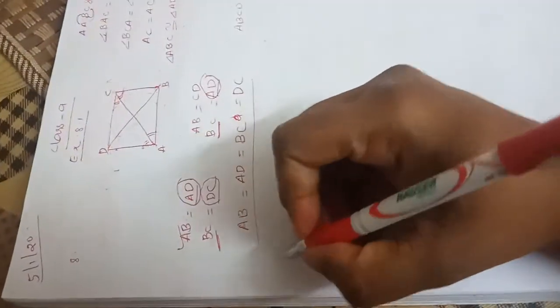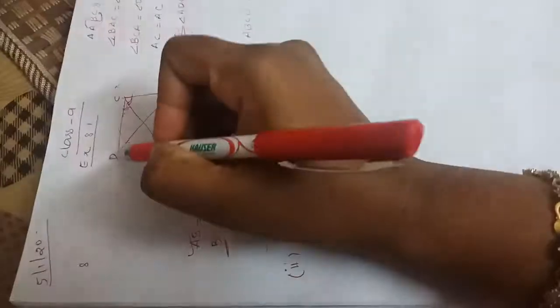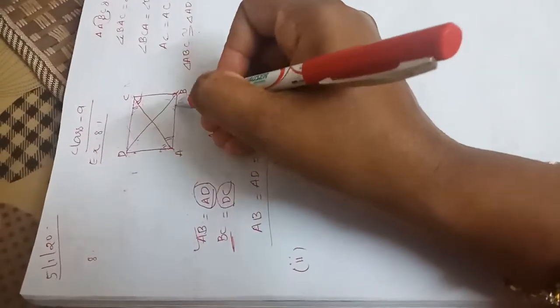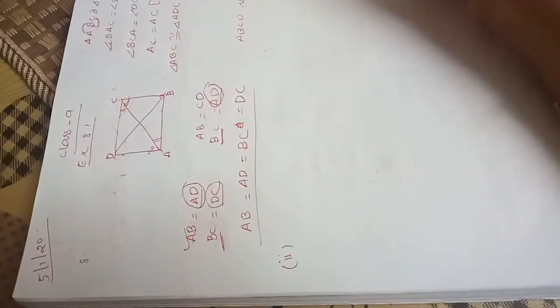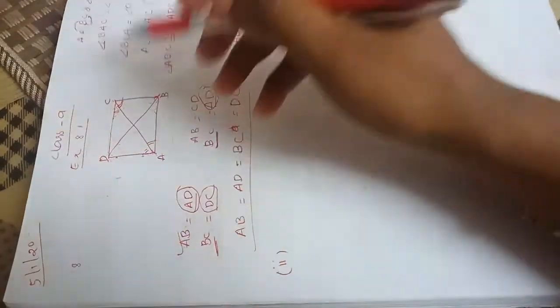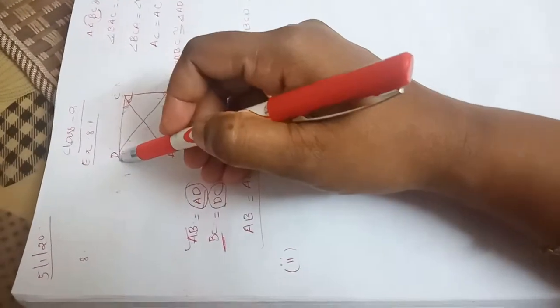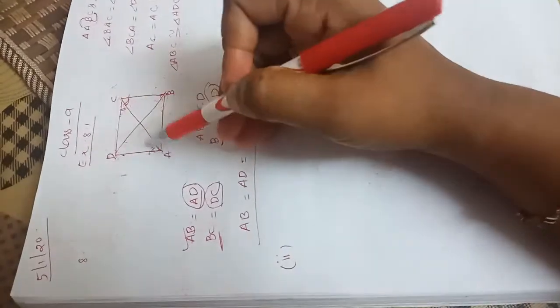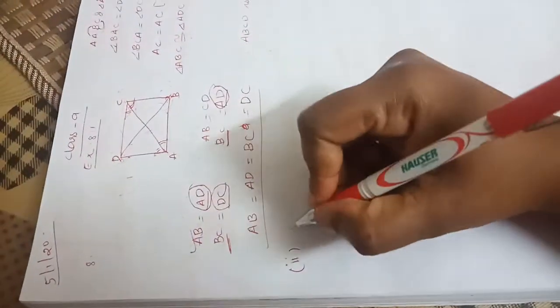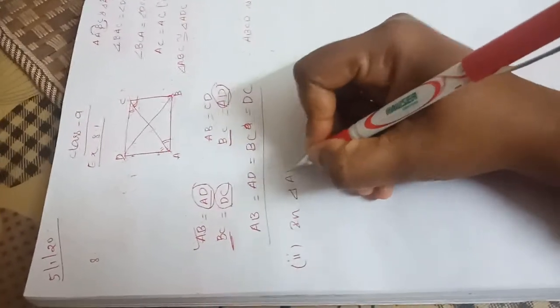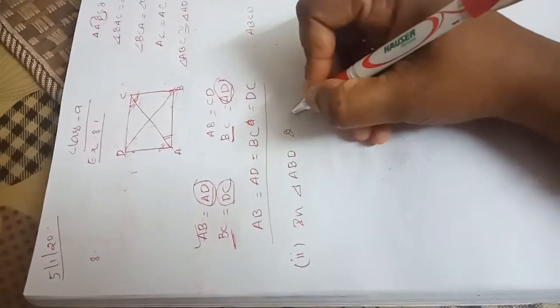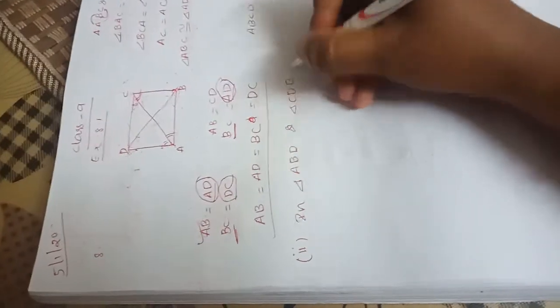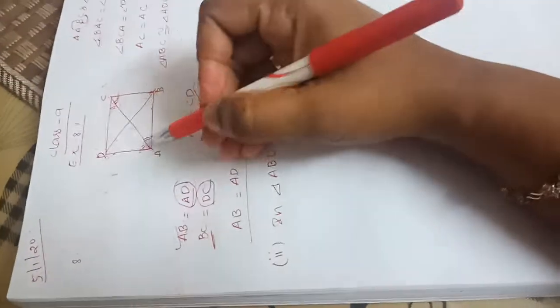Next we have to prove that BD is bisecting angle D and angle B also. So next I am taking the triangle ABD, the left hand side triangle, and triangle CBD. In triangle ABD and triangle CDB, we can equate the sides AD and CD.